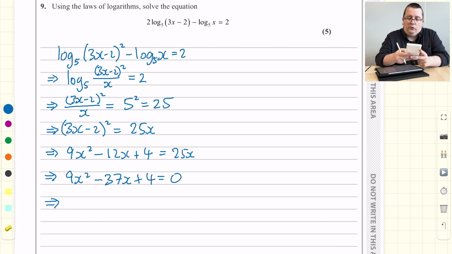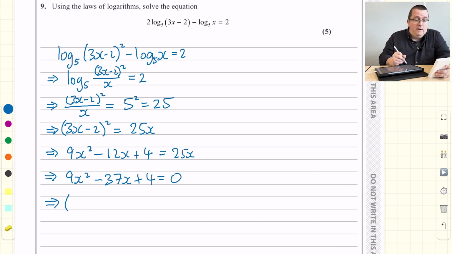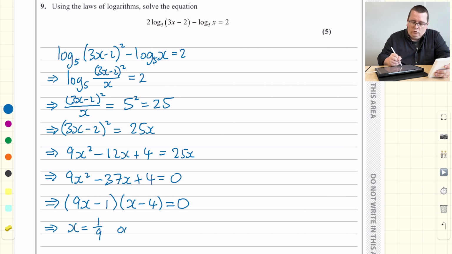So 9x squared take away 37x plus 4. And that gets me 1/9 and 4. So that means that our brackets will be (9x take away 1) and (x take away 4) is 0. So that gives us x is 1/9 or x is equal to 4.